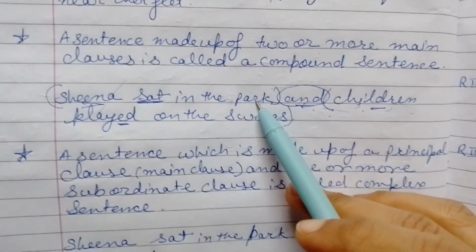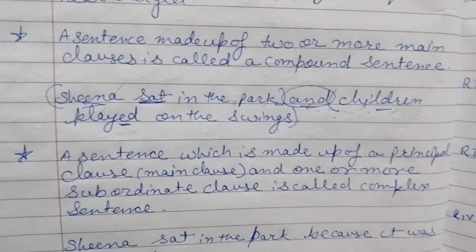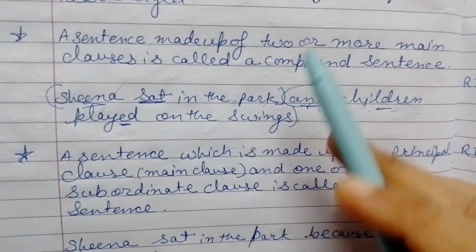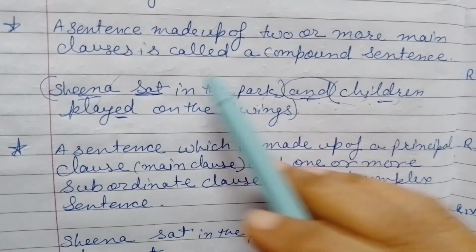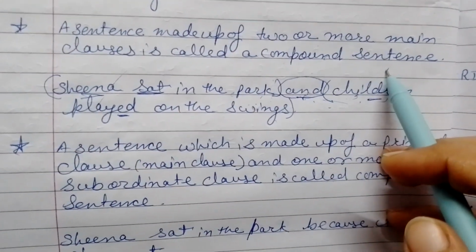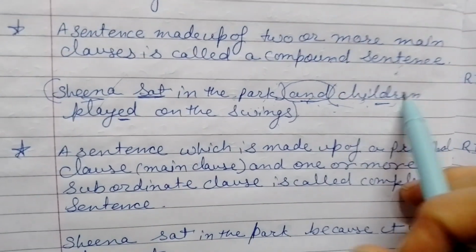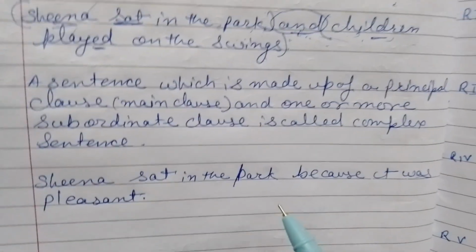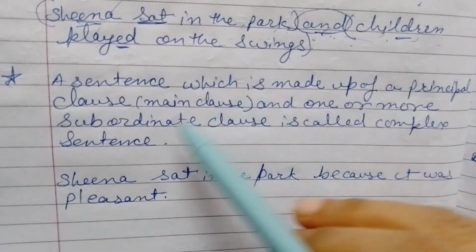So these sentences can survive independently. So a sentence in which there are two or more main clauses or simple sentences is called a compound sentence, but all those sentences will be joined by coordinating conjunctions.